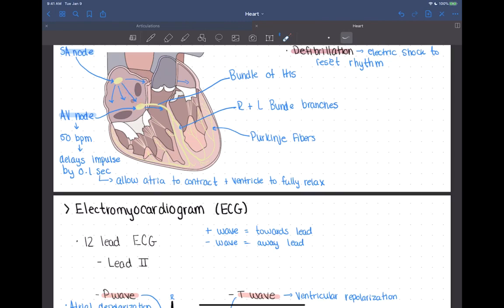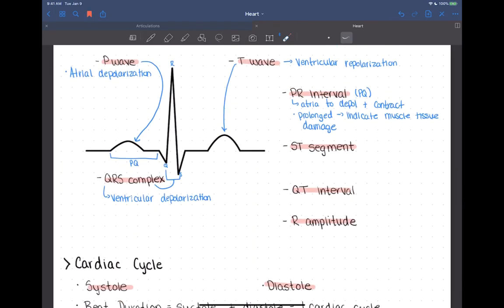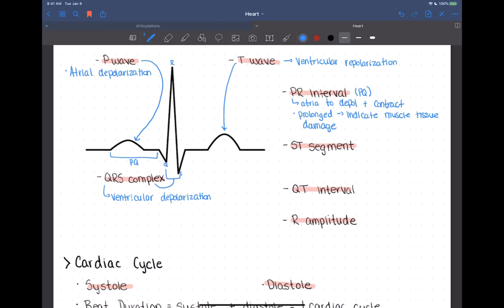However, if there's some sort of myocardial infarction, muscle death in this area, it is going to take a little longer, because now that action potential has to travel around that area through healthy tissue to reach that AV node. So if there's a delay in that PQ interval, that could tell you something about the health of the tissue in that atrium, and how well it's conducting that impulse.